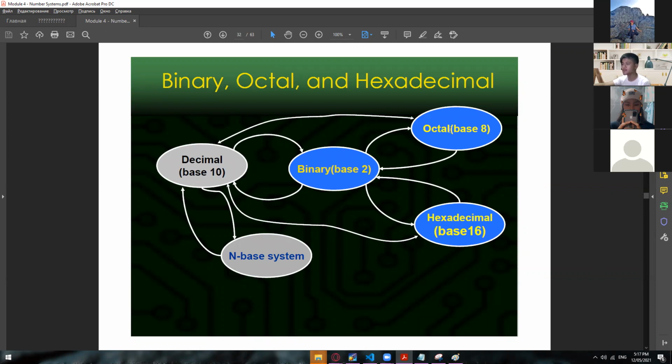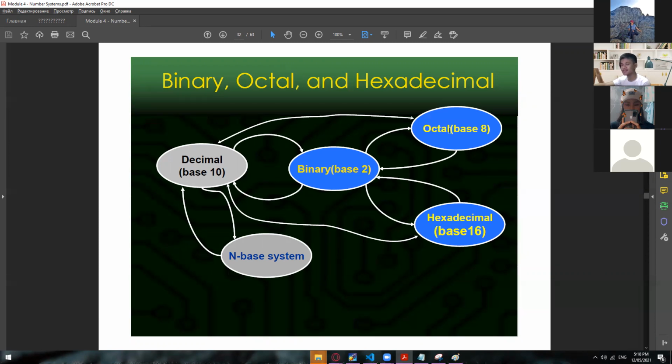Notice that you cannot convert octal to any base right away. So you have to do double conversion. It could be octal to binary, and then binary to decimal, and then decimal to n base. Or you could also go with octal to binary, binary to hexadecimal, and this one will give you triple conversion.